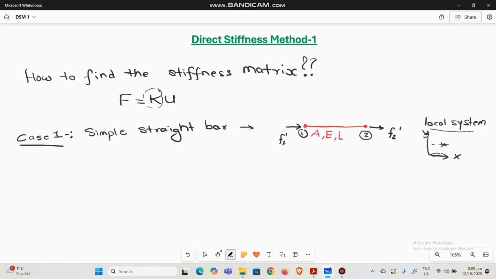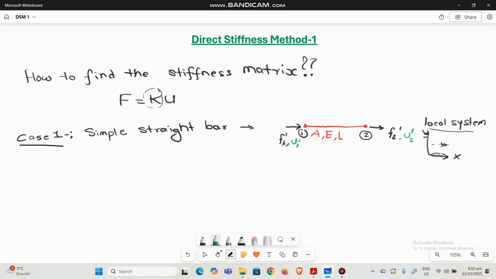In another case you will find the major difference between local coordinate system and global coordinate system. So you have f1 dash there, and let's say you have displacement of u1 dash over here, and here u2 dash.